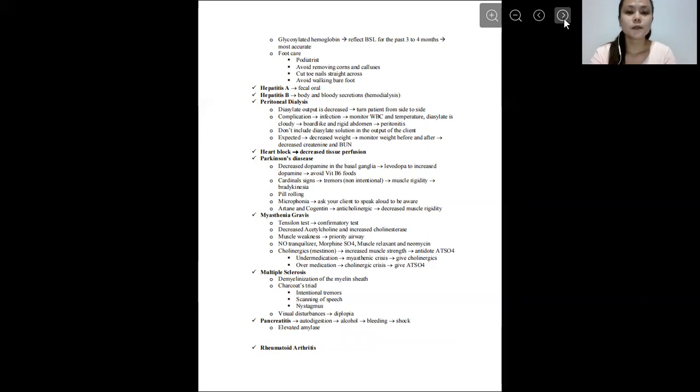Foot care. In diabetic patients or individuals, foot care is a must. Podiatrists: avoid removing corns and calluses, cut toenails straight across, avoid walking barefoot, because if there is a wound, it would lead to ulcers, since poor circulation is present in individuals who have diabetes.